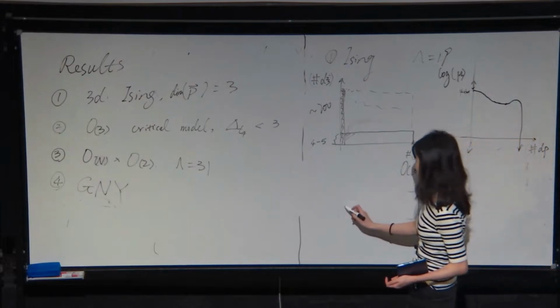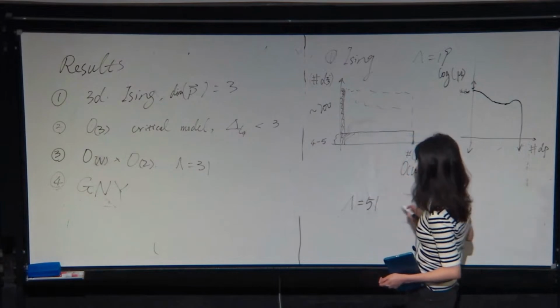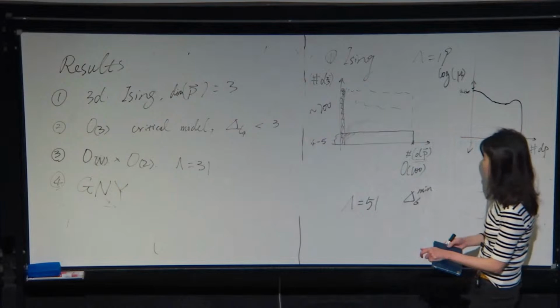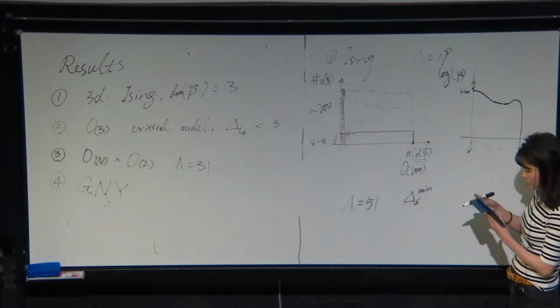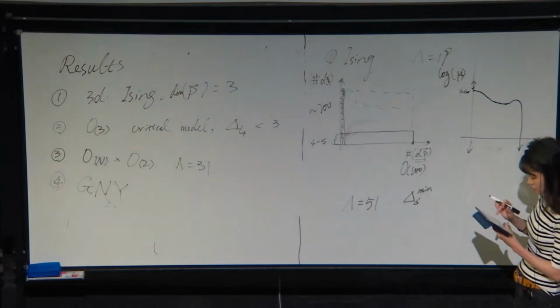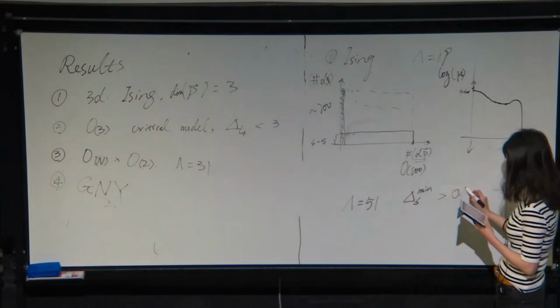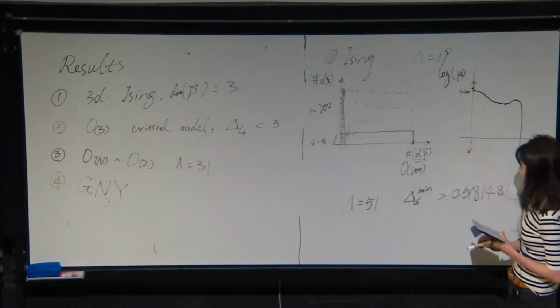In terms of numbers, we get a lower bound for delta sigma at lambda equals 51, and it's greater than 1 by 1.126.